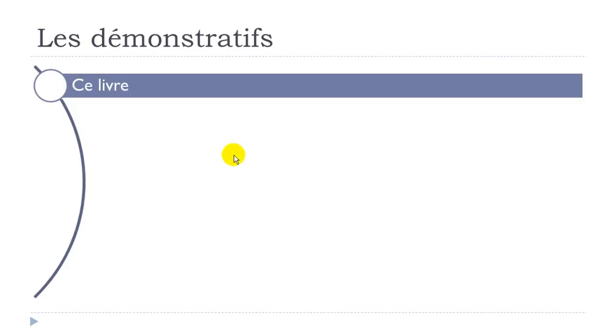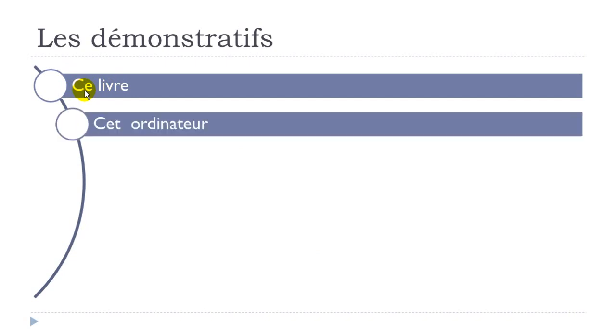One example, ce livre, so this book, okay, livre is book. Here livre is masculine, so you will have to use ce, and it doesn't start with the sound of a vowel, so it's the basic ce. This book, ce livre. And now we've got ordinateur.